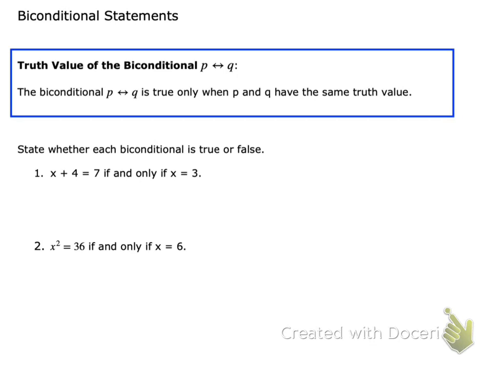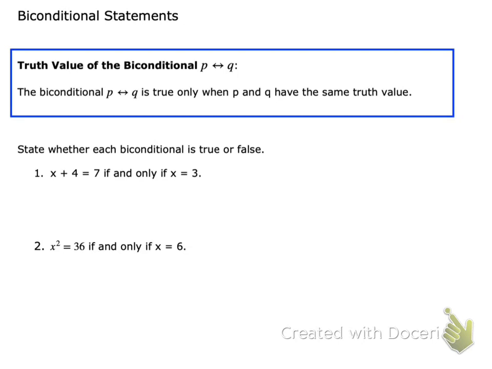For a truth table, that's easy. If they match, it's true. So if it's true, true, it's true. If it's false, false, it's true. Truth table shouldn't be a problem for biconditional. It gets a little bit tricky if we have statements like this, because what it's looking for is if you plug in, so for instance, this first one, state whether each biconditional is true or false.